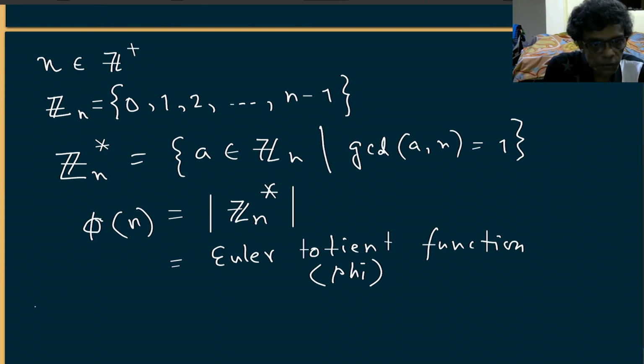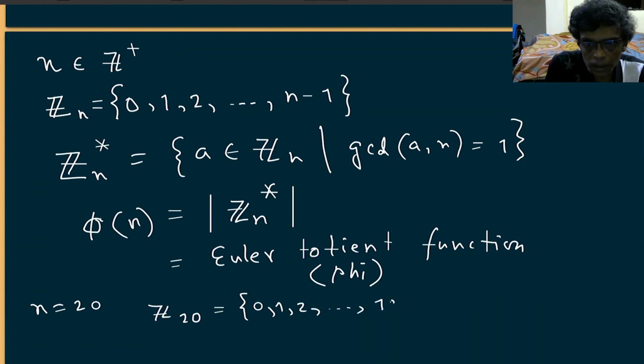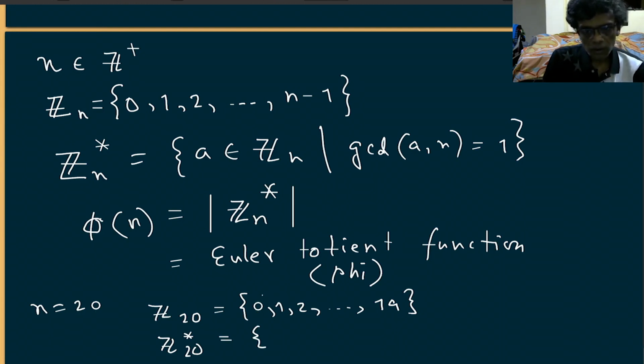Let us say n is 20. Then Z20 is nothing but 0, 1, 2 up to 19. And Z20 star is, all even numbers I should ignore.